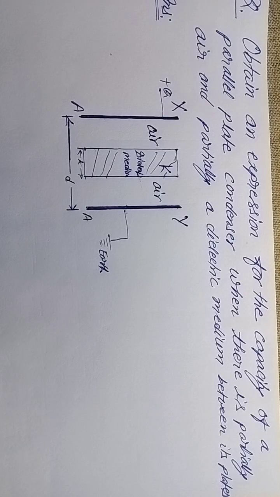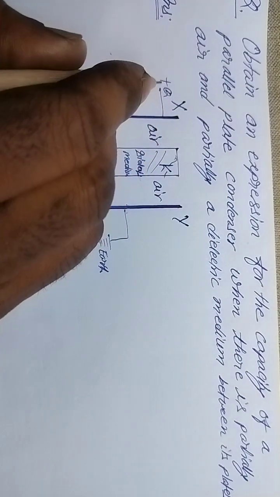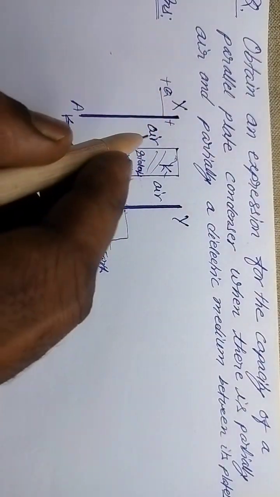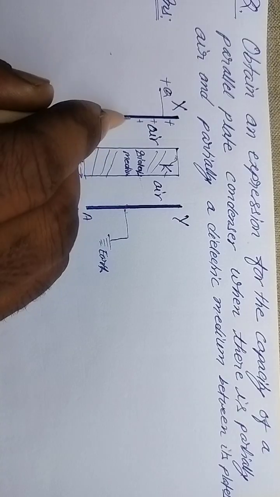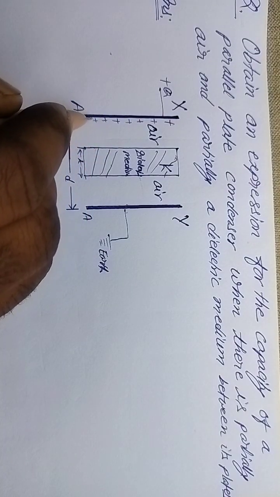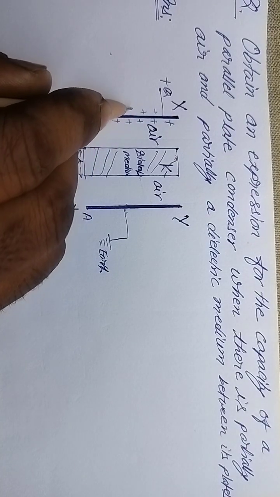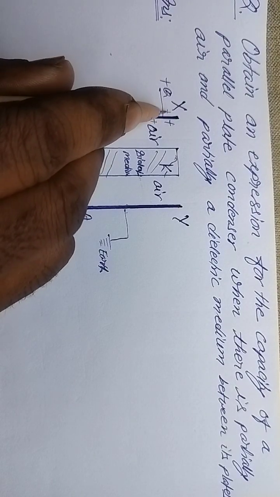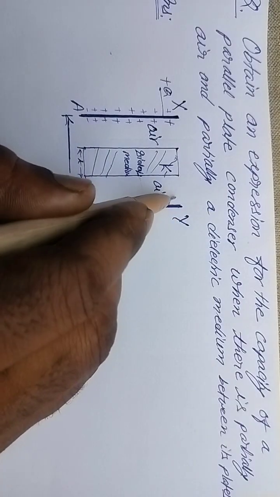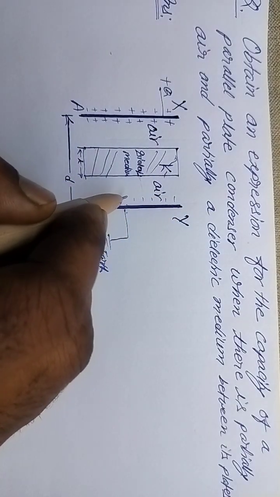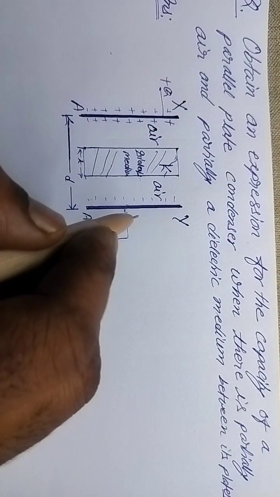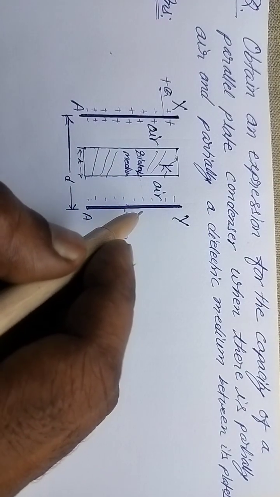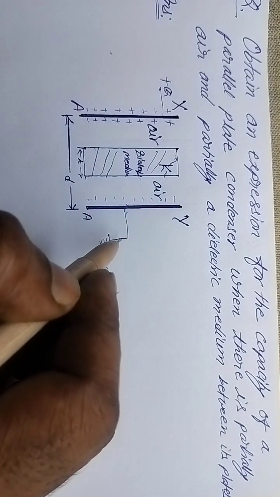Now plate X is given plus Q charge. The positive charge will be on the surface of plate X and induced negative charge on plate Y, and all the induced positive charge on the outer side of plate Y will vanish.